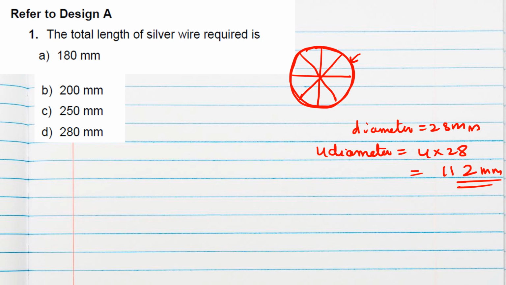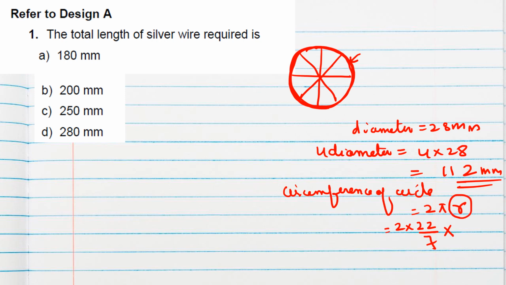Now to find the silver length, brooch length, that means we need to find circumference of the circle. That can be found by using 2 pi r formula. Pi will be 22 by 7. What will be r here? Diameter is 28 given, so r will be clearly 28 by 2, that is 14.